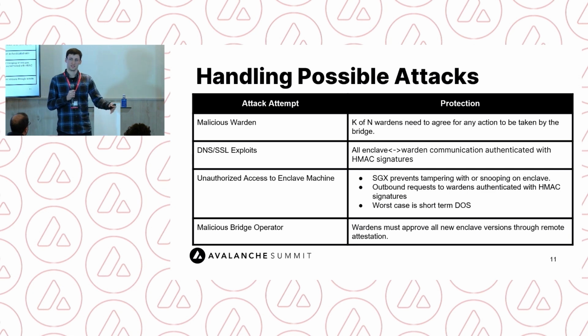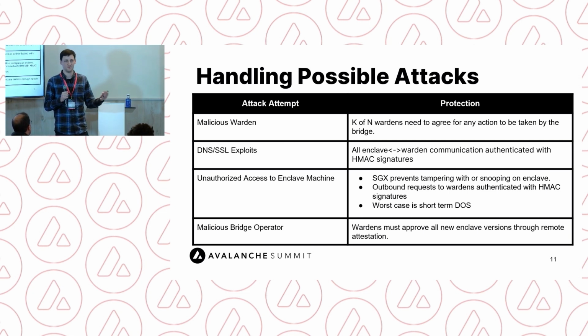The wardens have access to the source, they're able to see all of the commits, and they actually approve every new version of the enclave by adding the hash of the code into their allowed enclave versions, basically. So every time we do an update, we ask the independent parties to approve this new version of the enclave, and they are able to review the code there.